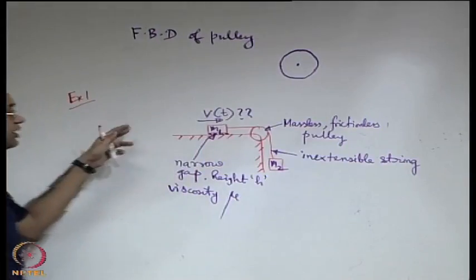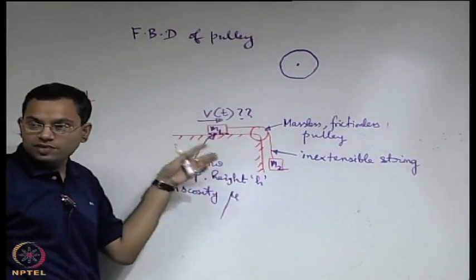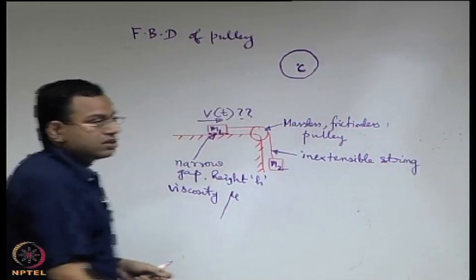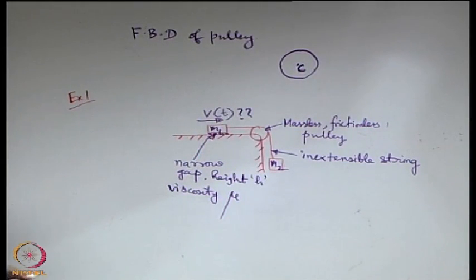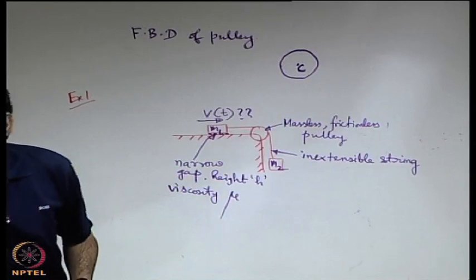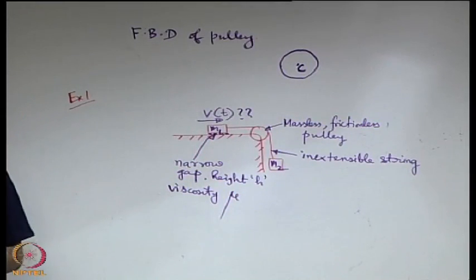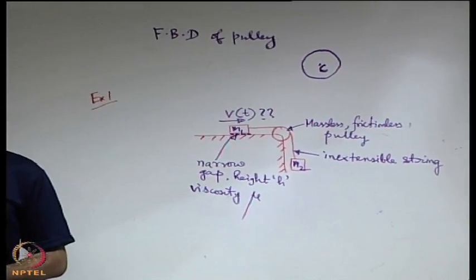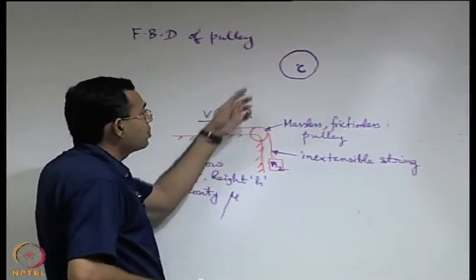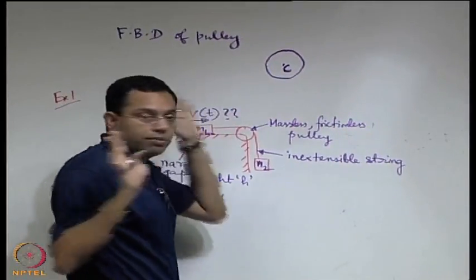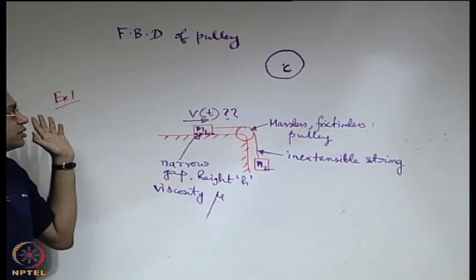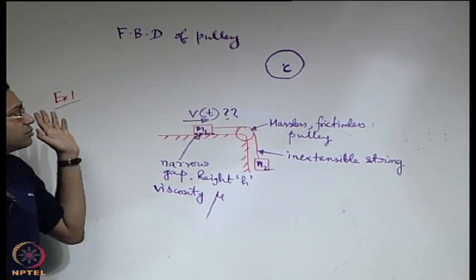The pulley is hinged to this surface. So, at the center of the pulley there is a hinge. Now, what should be the forces which are acting on this? Normal reaction, if you say normal reaction by whom to whom? Okay, let us take one by one. So, first say we are talking about the hinge.